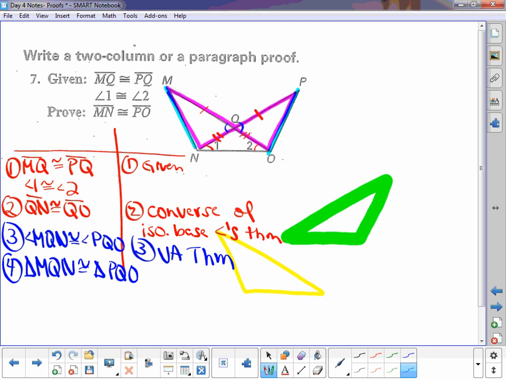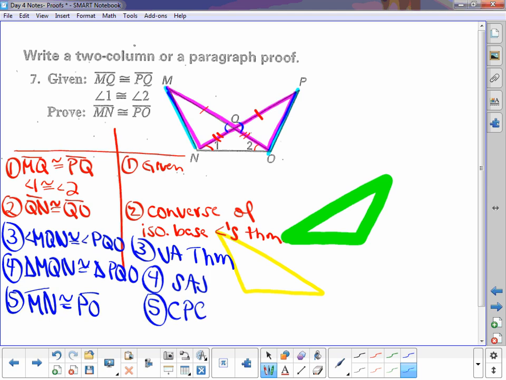Let's make sure we got that right. MQN, PQO, by side angle side. And then now I can finally make my proof statement. Segment MN is congruent to segment PO. And my reasoning for that would be CPCTC.